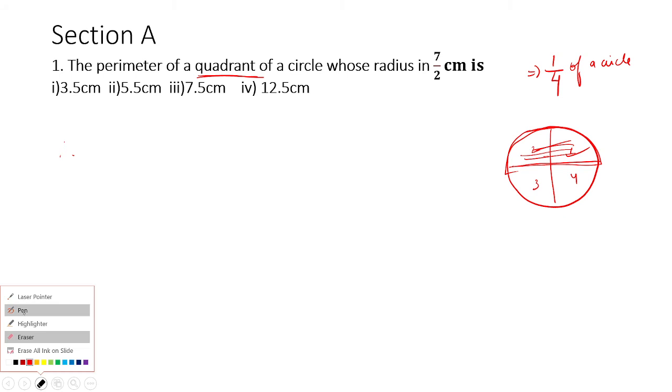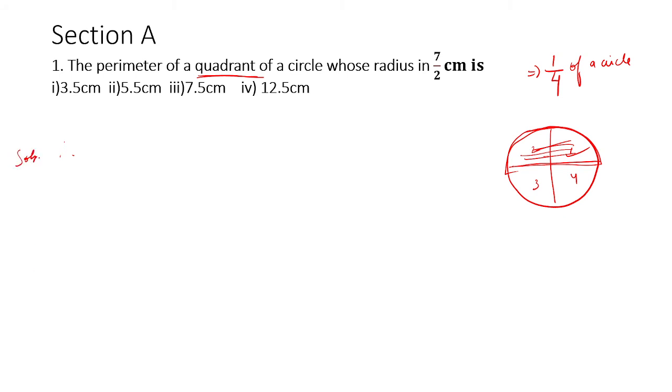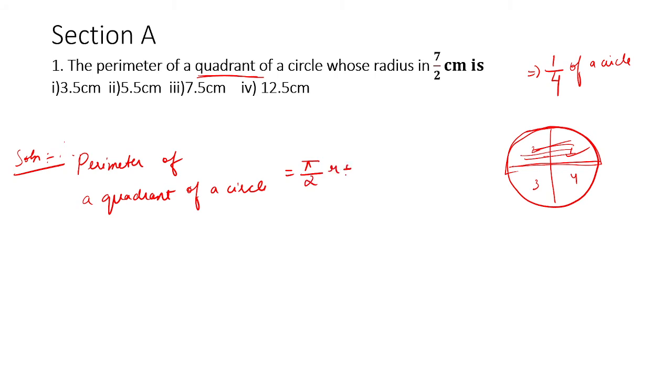So here you remember, I will not dive much into it since this is an MCQ, but the perimeter of a quadrant of a circle, you just remember this formula. The perimeter of a quadrant of a circle is pi/2 r plus 2r. Now try to stick with 22/7 as the value of pi.